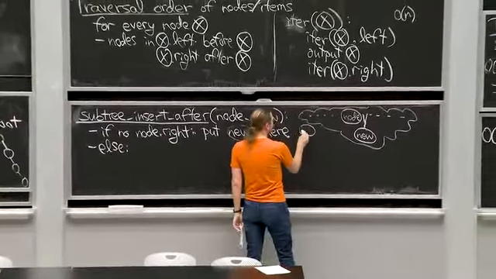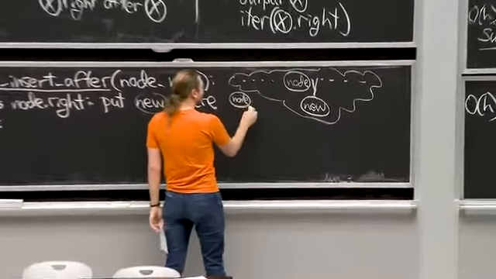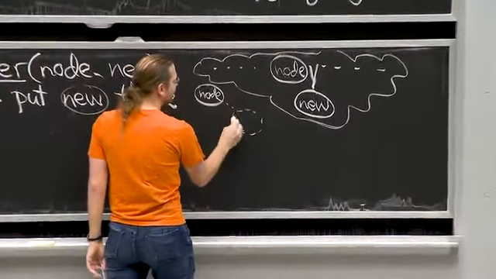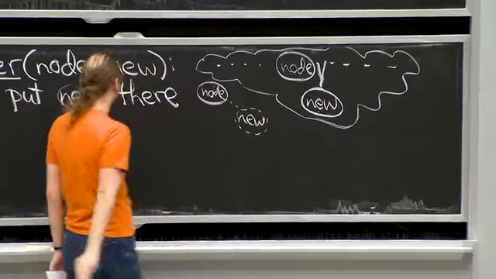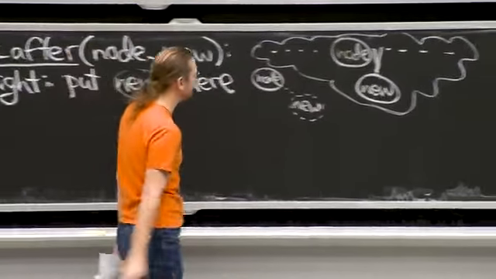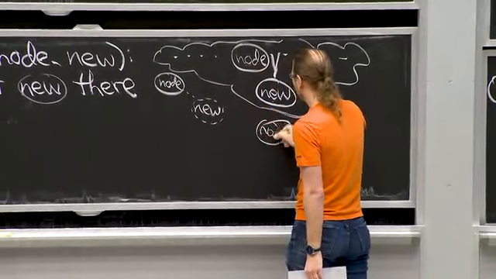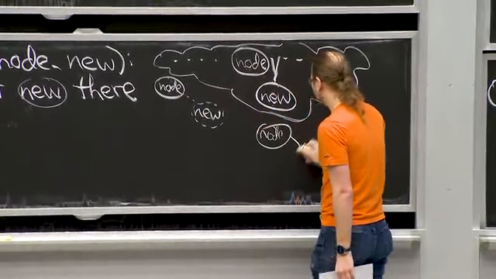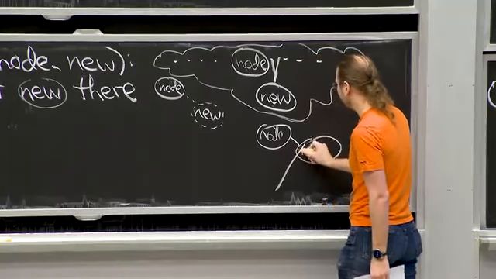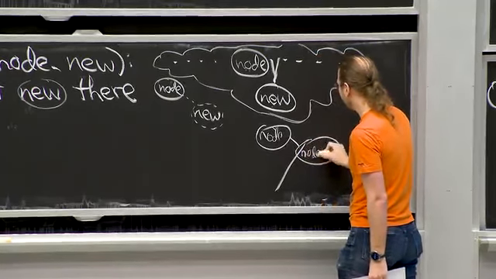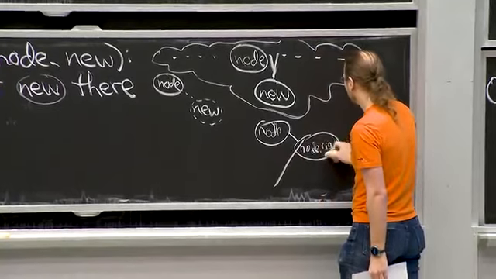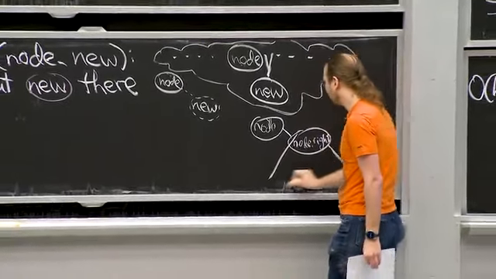So in this case, we had node, and there was no right child, so we just added new to be its right child. Okay, in the other case, we had a right child. So here is node. There's this node here, node.right, which now we're supposing exists. And it defines a whole subtree.